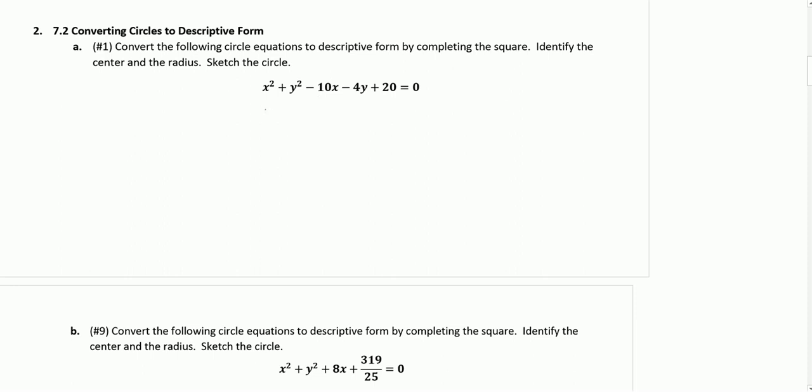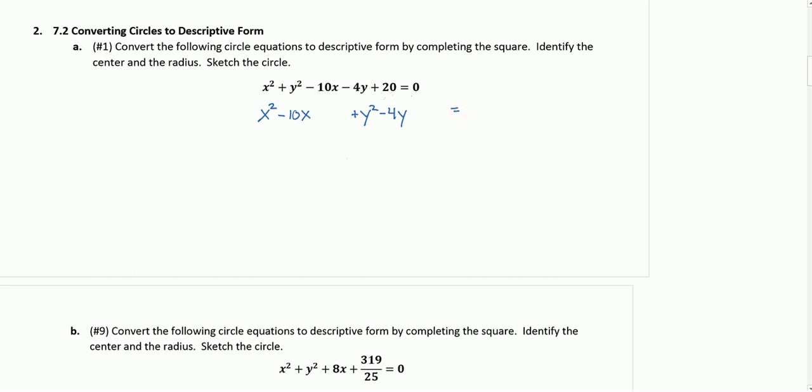To do that, we want to group our x's together. So we have x squared and a minus 10x. I'm going to leave a little space, then positive y squared minus 4y. And everything else, any constants, I'm going to move to the right side of the equation.